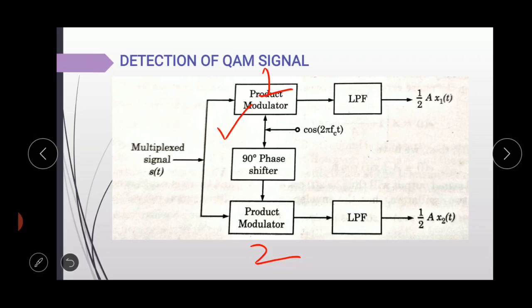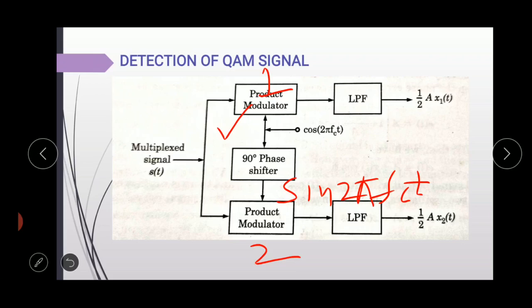So here we give sin 2 pi fct. Then the outputs of the product modulators are given to the low pass filters, whose cutoff frequency is set to the frequency of the modulating signal. So it only allows the modulating frequency and rejects all other frequencies.